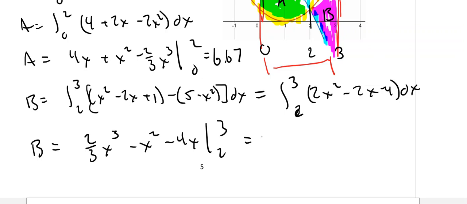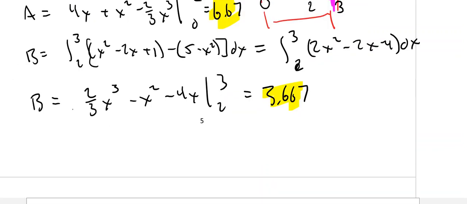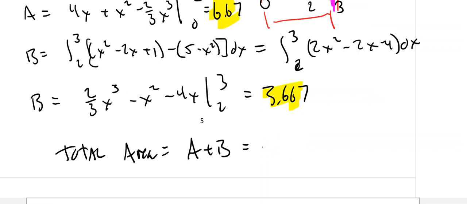And so we have 6.67 and 3.667. And so the total area is going to be the area of A plus B, which is 6.67 plus 3.67, which is going to be 10.34. And there is your area.